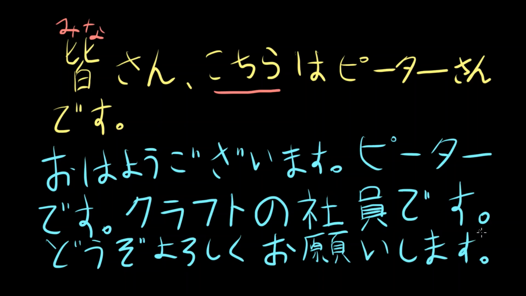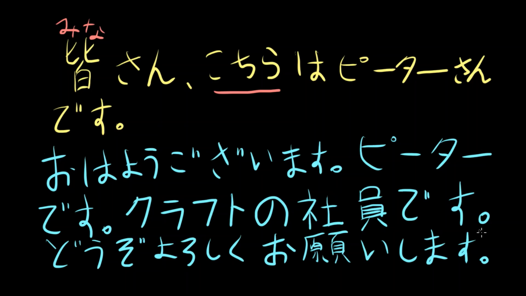Okay. As I said, I'll put all the vocab in the description, so don't fret. It'll be typed up. Okay. So, 皆さん、こちらはピーターさんです. Hello everyone, this is Mr. Peter. おはようございます. Good morning. Peter です.